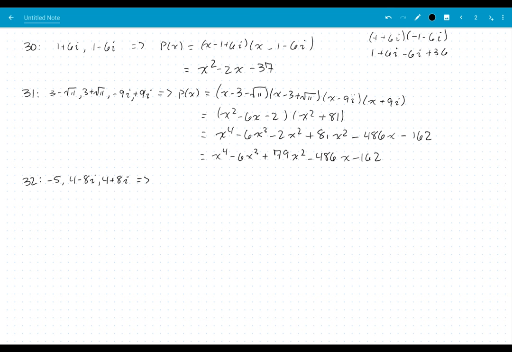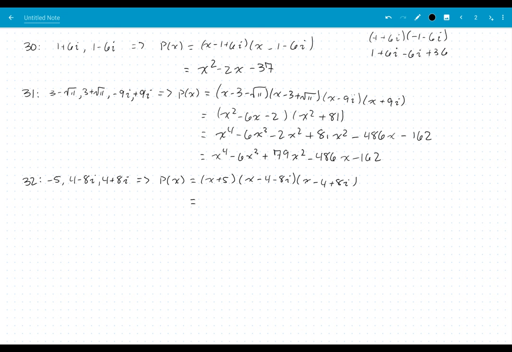So our polynomial function is equal to (x plus 5) times (x minus 4 minus 8i) times (x minus 4 plus 8i). And then let's start by multiplying together the complex numbers.